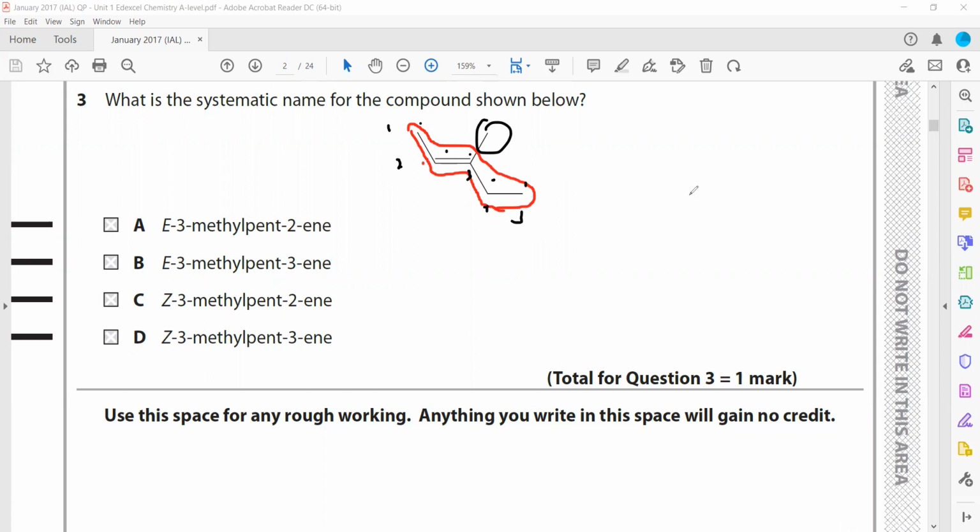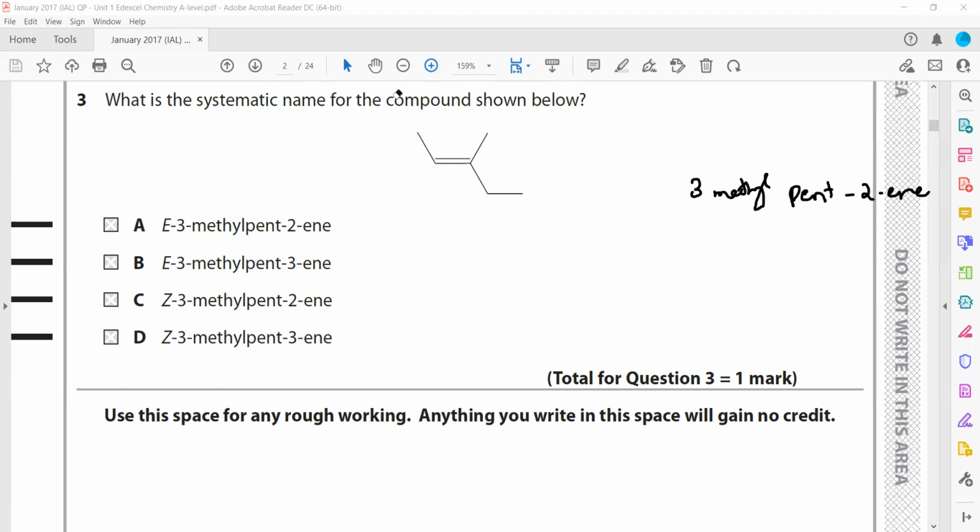So at the third position we have a branch, so it is 3-methyl because of the branch, and 1, 2, 3, 4, 5 carbons, so it will be pent because of 5 carbons. The second carbon has a double bond, between second and third, so 2-ene. But whether it is cis or trans, because in the question a geometrical isomer is given, how do we identify whether it is E or Z, or cis or trans?